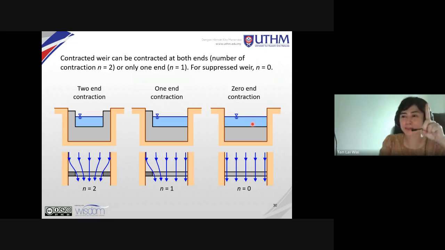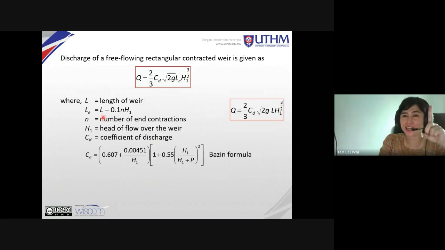That means it is a suppressed weir, so LE becomes L. But if n is either 1 or 2, that means your LE is smaller than L, because we subtract some correction factor. So what is n? It is the number of end contractions.